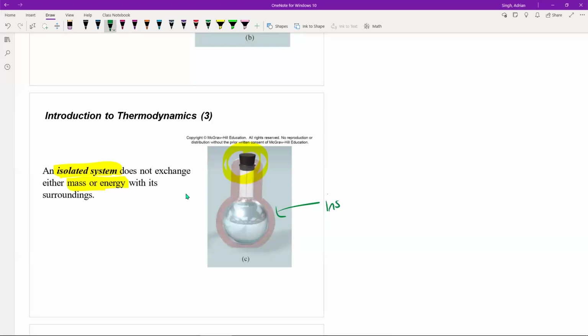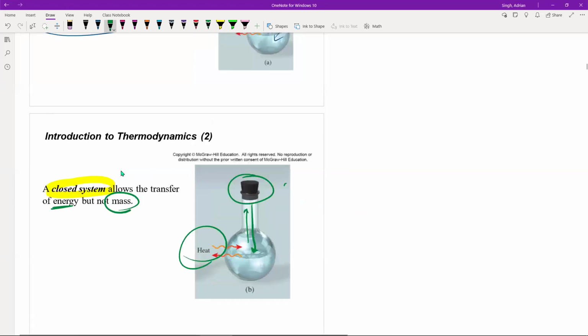It's surrounded by some sort of insulating jacket, probably Styrofoam or something else. It's a good insulator, so there is no heat energy that can escape. No heat energy can be absorbed. This is known as an isolated system. And we will actually do some experiments in the laboratory that involve one or maybe two of these different types of systems.